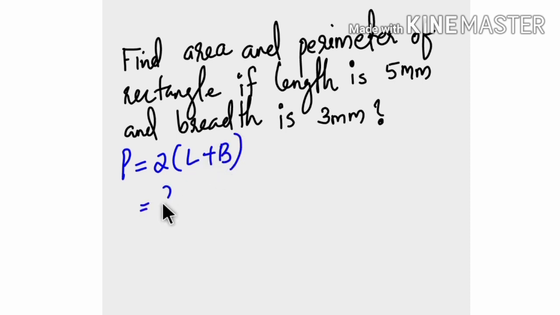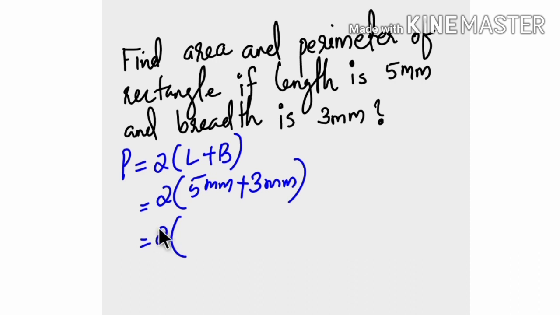Here length is 5 millimeter and breadth is 3 millimeter. Now let's add this. 2 into 5 plus 3, 8 millimeter. So 2 into 8 is 16 millimeter. So this is the perimeter of this particular rectangle.